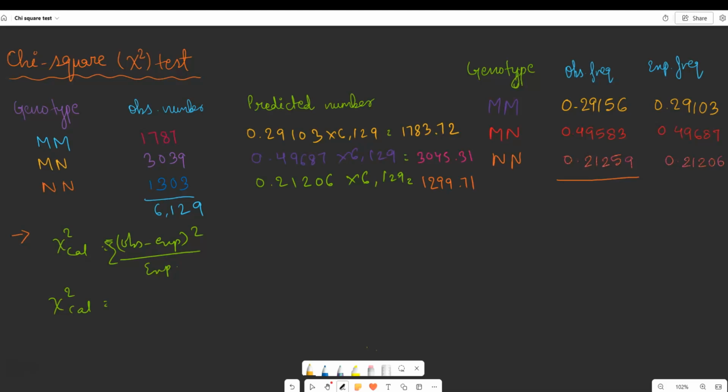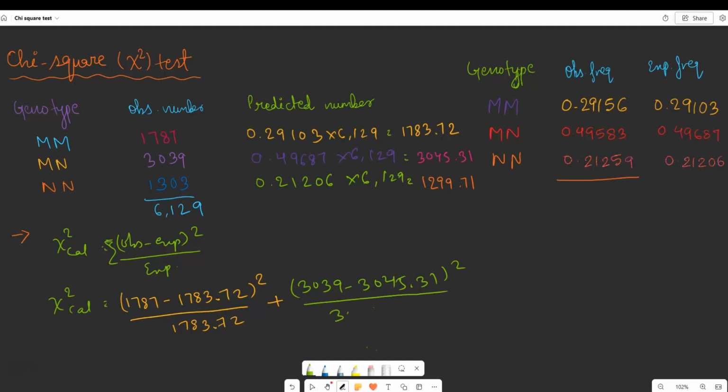For MM genotype, the observed number is 1787 minus the predicted number 1783.72, divided by 1783.72, and this one will be squared. Next, for MN genotype, it will be 3039 minus 3045.31 whole square divided by 3045.31.